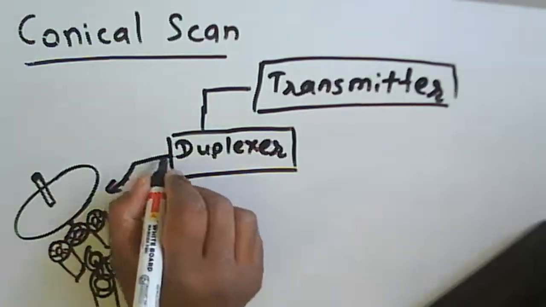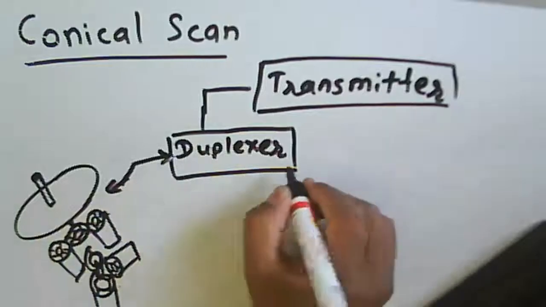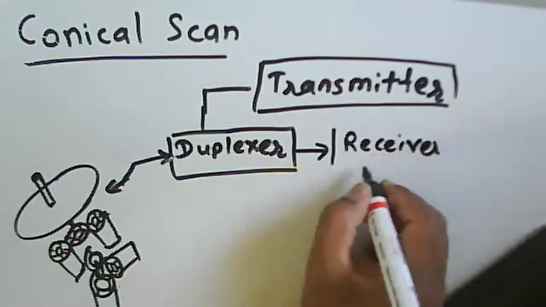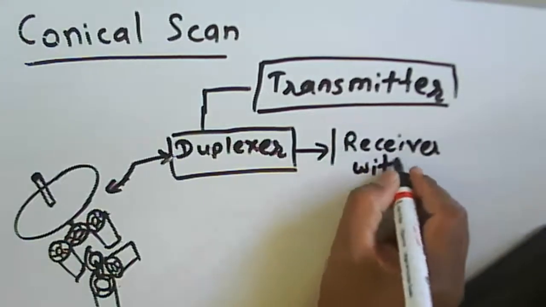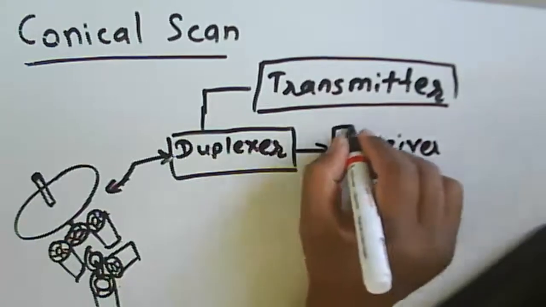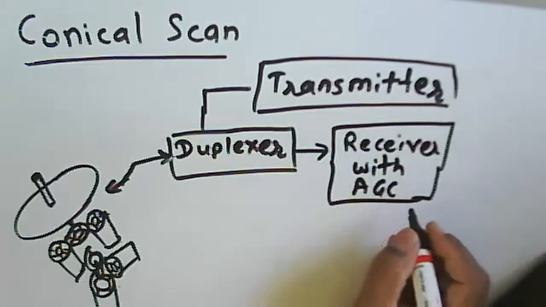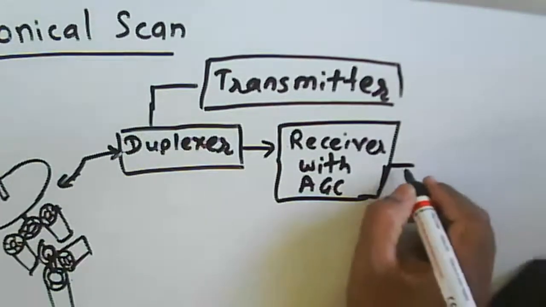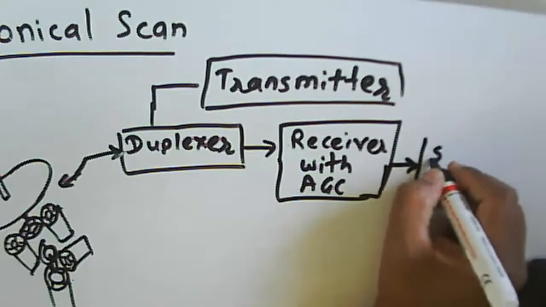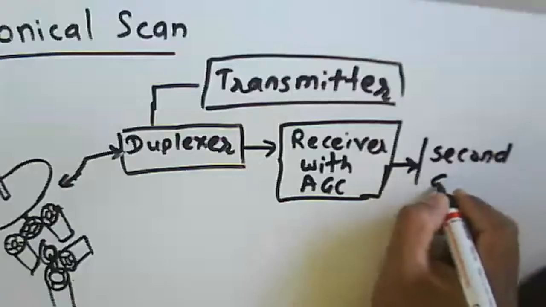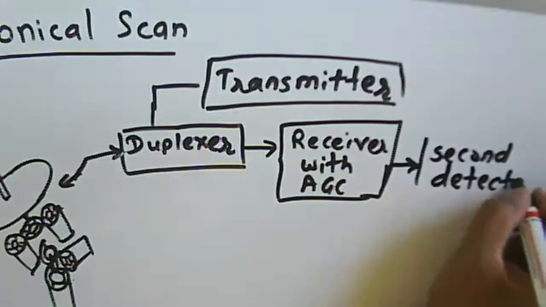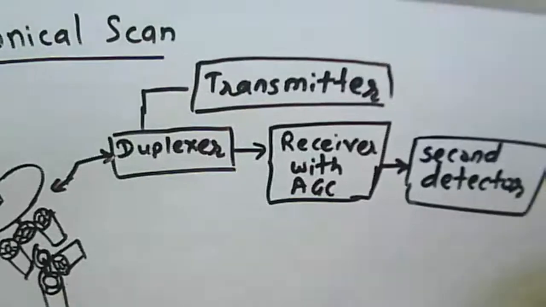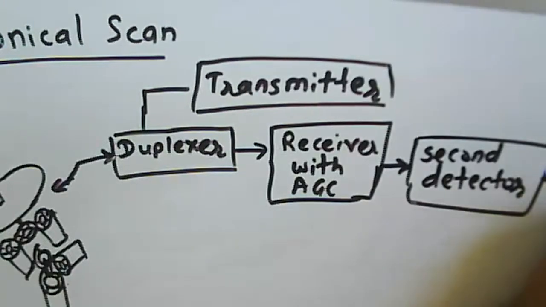In both cases we are receiving the same signal. That's why there is a receiver with automatic gain control, AGC. This receiver is a superheterodyne, so we require a second detector.